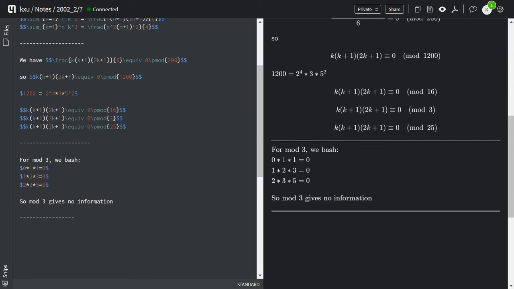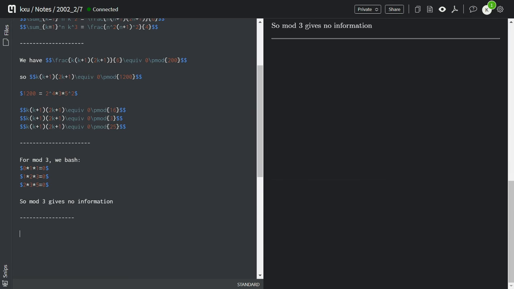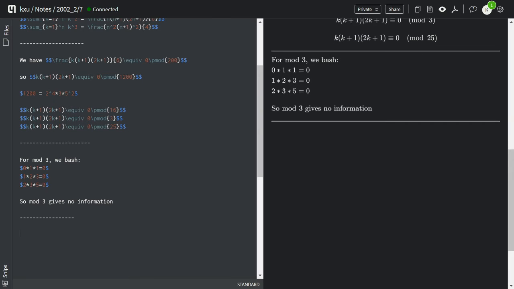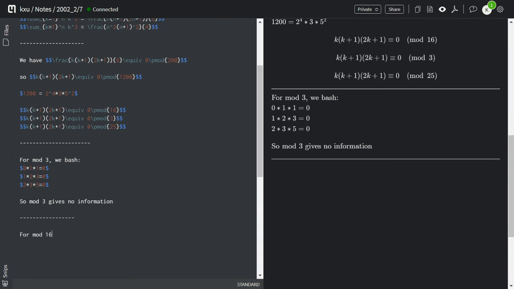Okay, so let's go to the second smallest one, mod 16. We can also bash out all 16 values, but it's actually not needed in this case.